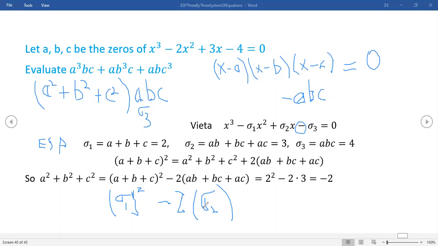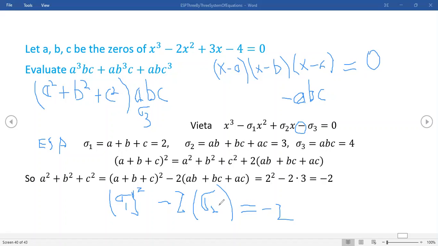But you see, we're given every bit of that information here. And so this all would add up. You can see the work right here. This all would come out to be minus 2. Again, I hope that's legible, folks. This reads sigma 1 squared minus 2 sigma 2.